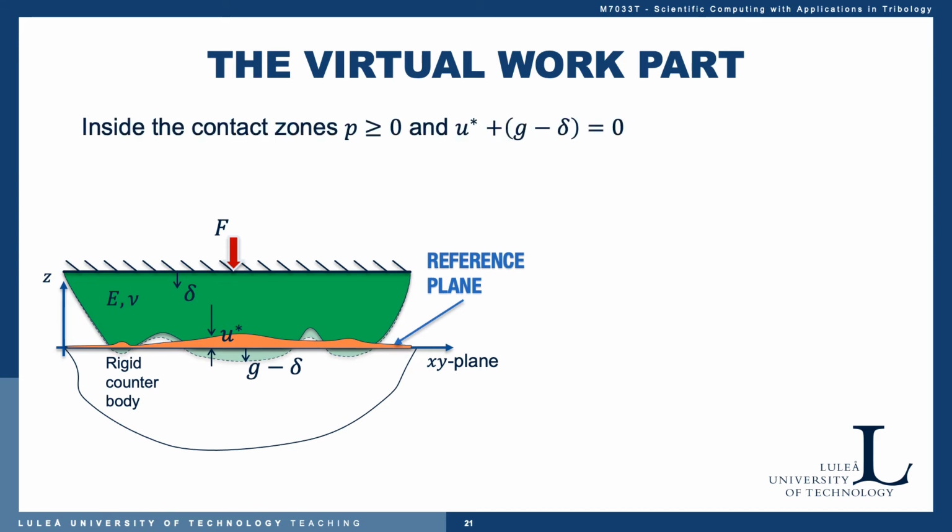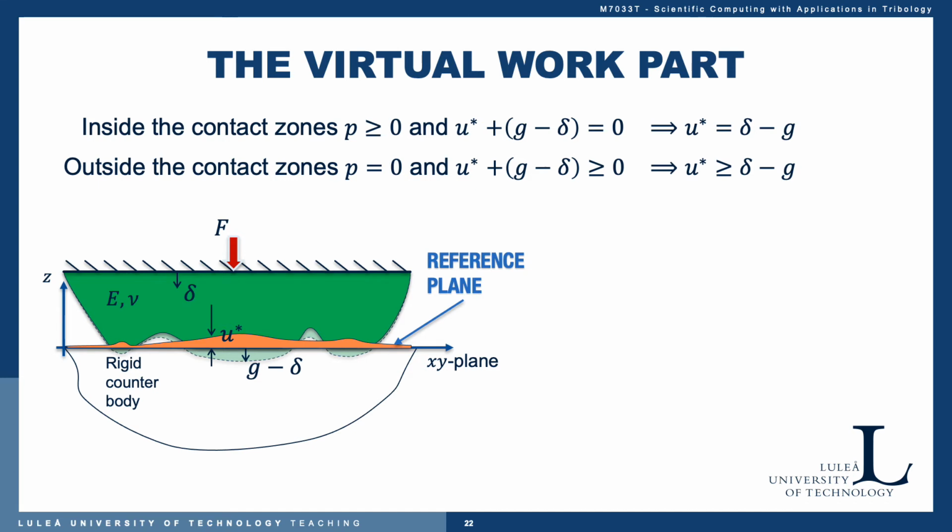By complementarity, we have p greater or equal to 0 and u star plus g minus delta equals 0 inside the contact zones. And this means that we have an expression for the imposed displacement u star, which is just delta minus g inside the contact zones.